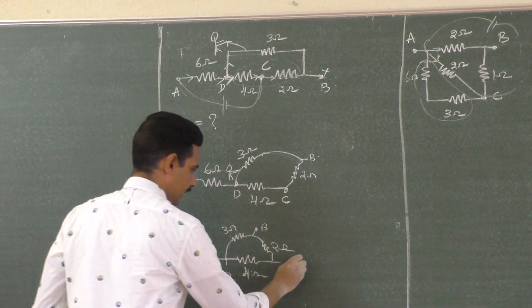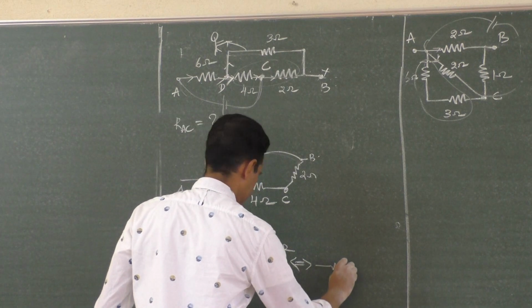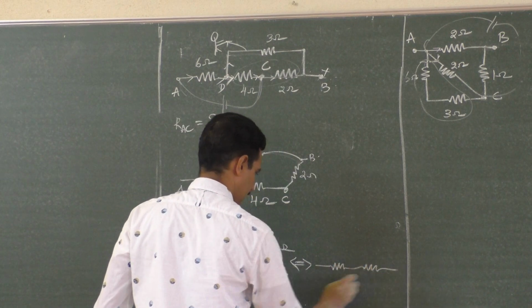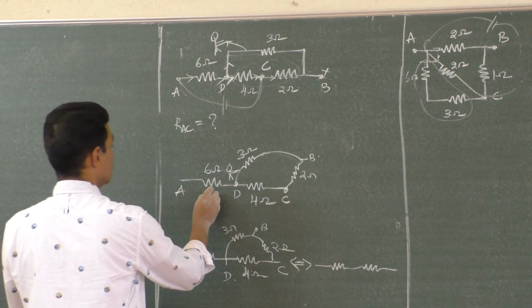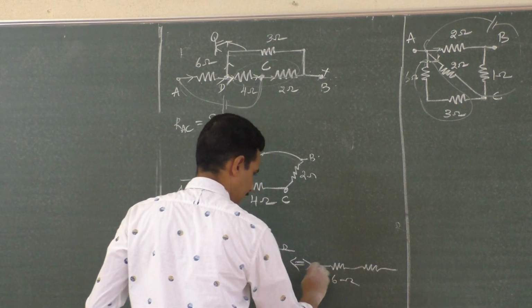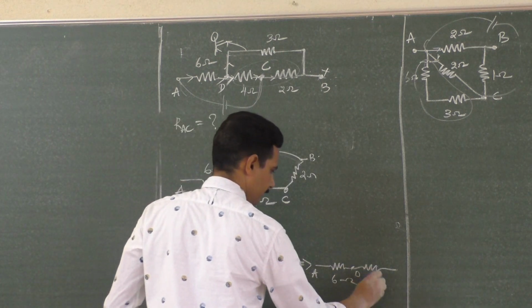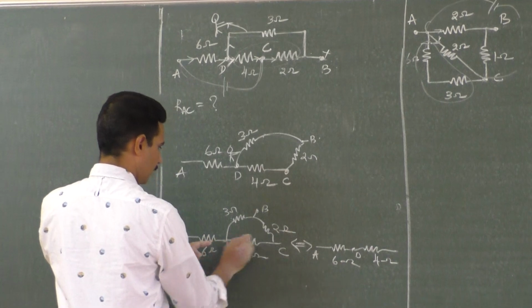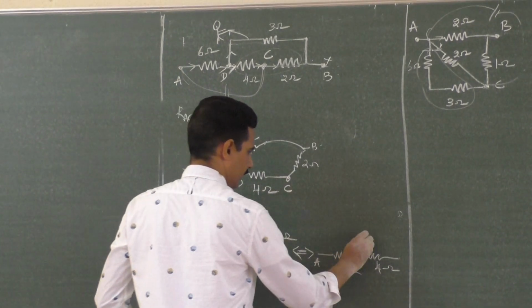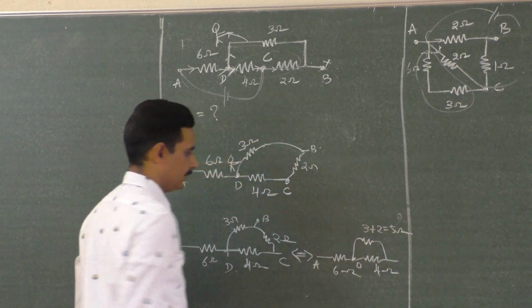So what is the equivalent? Equivalent resistance circuit is A here, 4 ohm here. So what is the first one? 6 ohm, right? 6 ohm here, and A here, D here. And what about the other one? 4 ohm. And across 4 ohm, you have 3 plus 2, 5. So here you have 3 plus 2, 5 ohm in parallel.